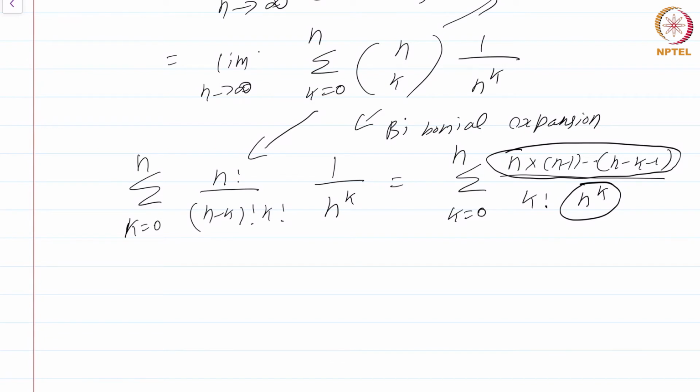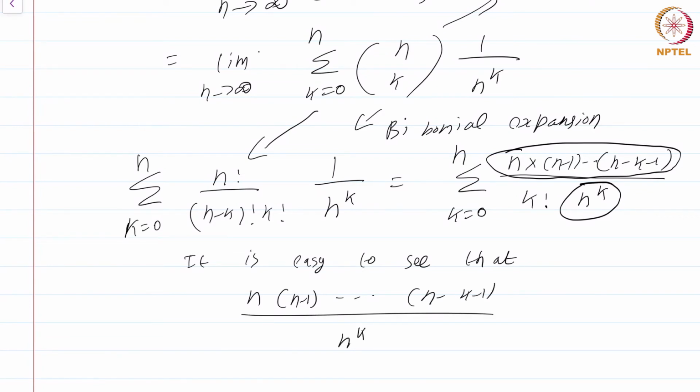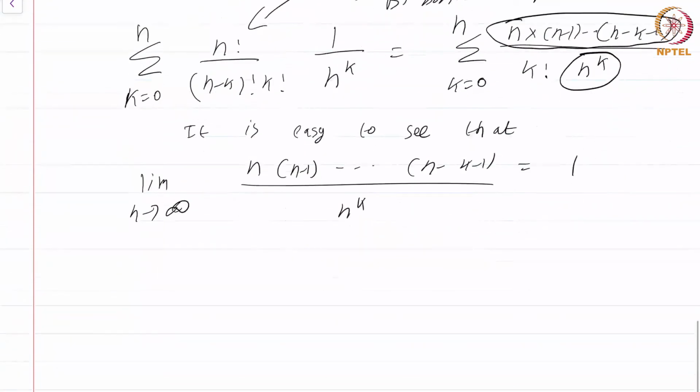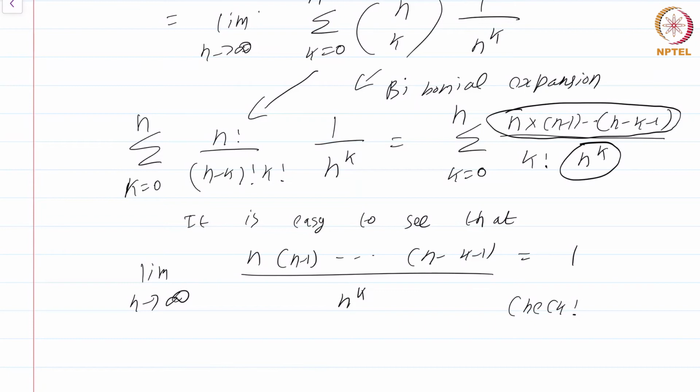So it's easy to see that n into n minus 1 dot dot dot n minus k plus 1 by n power k, as n goes to infinity, is just going to be equal to 1. I leave it to you to check this. This is a fairly easy exercise. So what we have is the summation k equal to 0 to n of some quantity divided by k factorial, and that quantity goes to 1 as n goes to infinity.